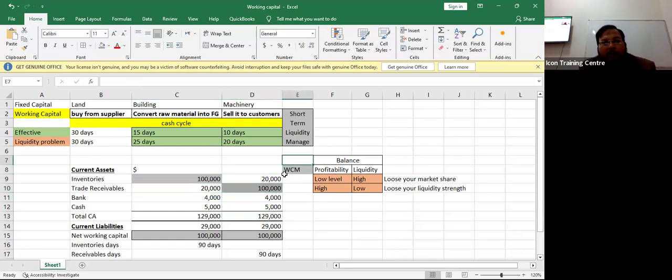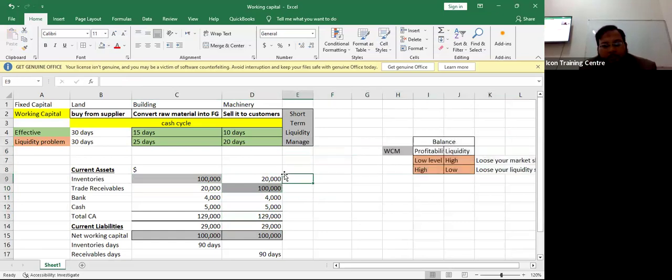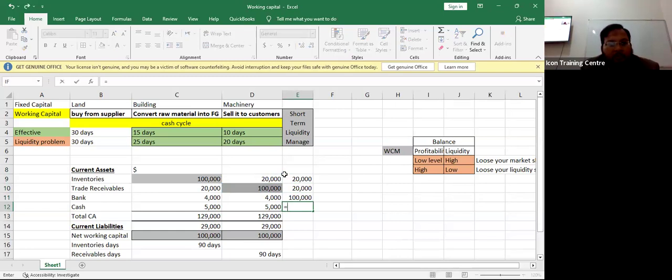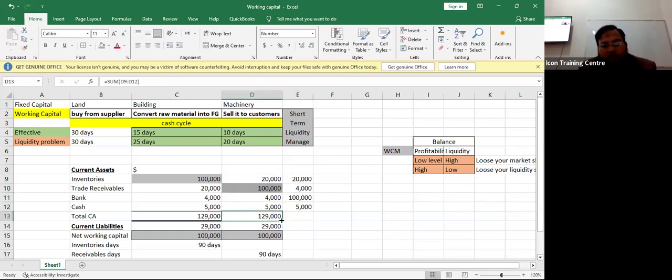So we can have another situation in which, let's suppose, we have inventories 20,000, receivables 20,000, but we have 100,000 in our bank. Cash is also 5,000, and let's suppose the receivables 4,000. Now, do you think it's again a good situation?